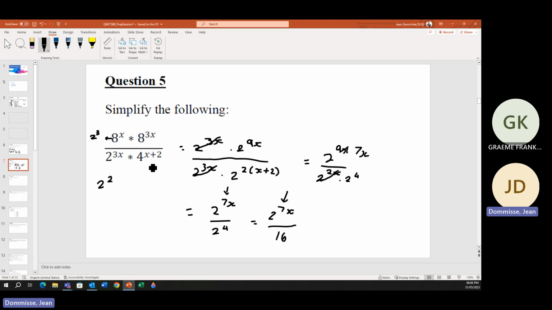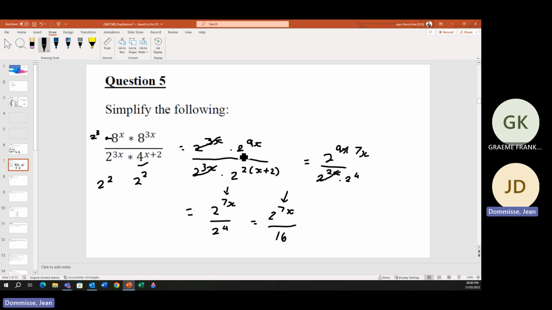And then we need to remember again also that 4 can be simplified as 2 to the power of 2. And then we basically use that to multiply in the x plus 2. And then we just see which ones we can eliminate at the top and the bottom.